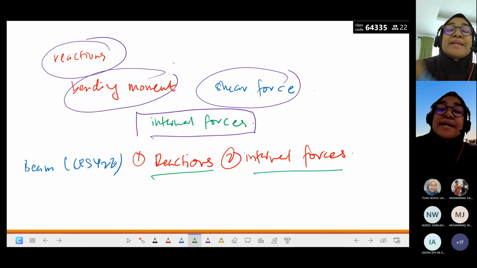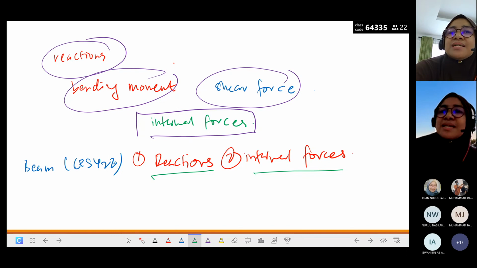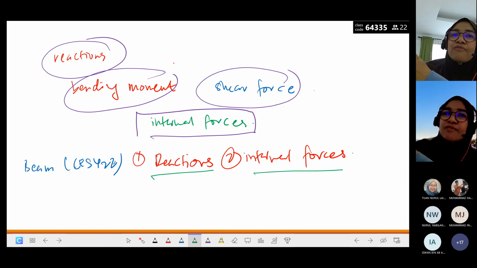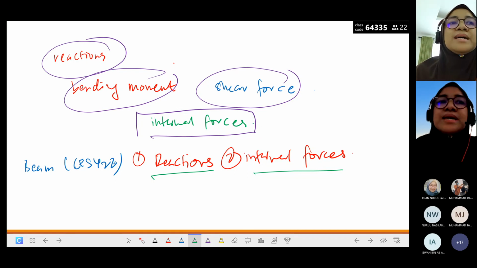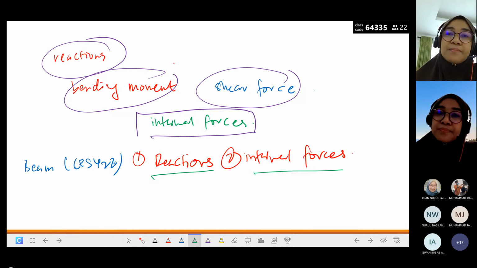So whenever somebody asks you what have you learned under structural analysis, the first answer is: I learned how to calculate reaction in structures. Starting from semester 2, you learn solid mechanics and then followed by determinate structure. What have you learned? You have learned how to calculate reactions and internal forces.